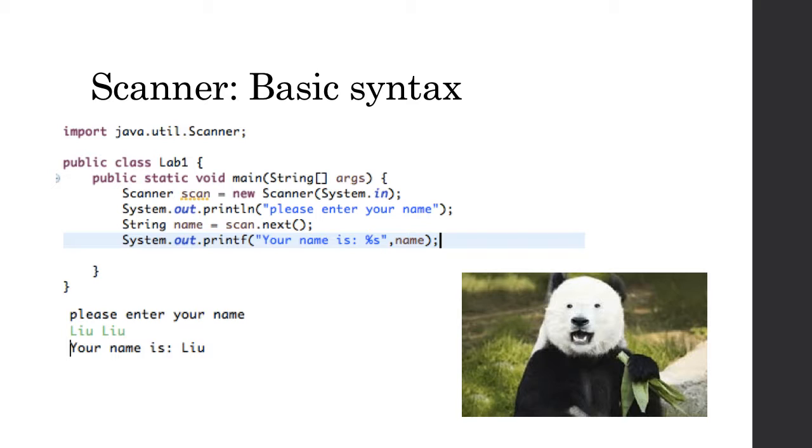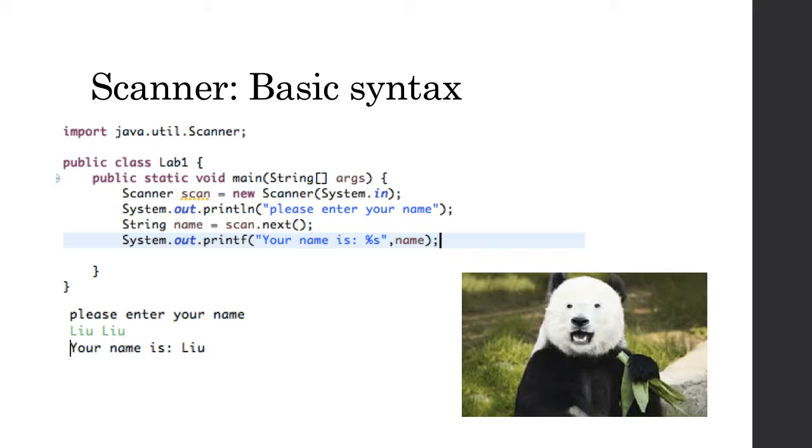So the answer is .next only does the first one. What's the first one? It's like an iterator, right? The first one is loop, the second one will be loop. Okay. All right, so that's a valid answer.